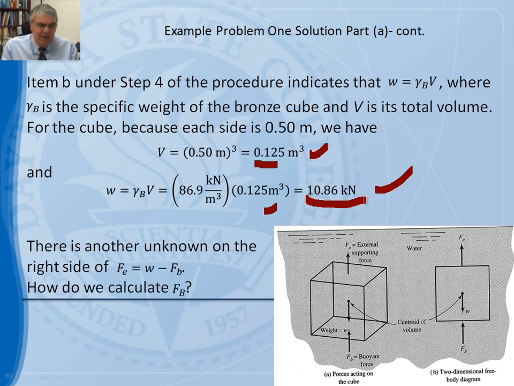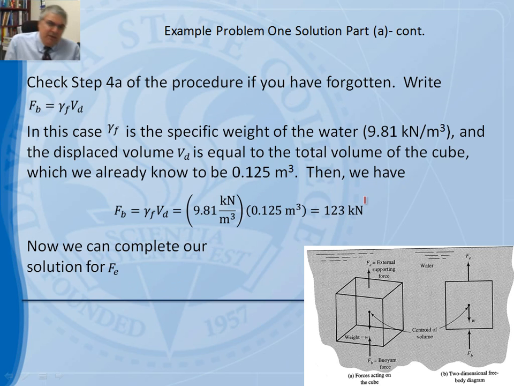So that's a pretty heavy object, 10.86 kilonewton. Of course we need to calculate F sub B and F sub E. F sub B is gamma sub F times the displaced volume.